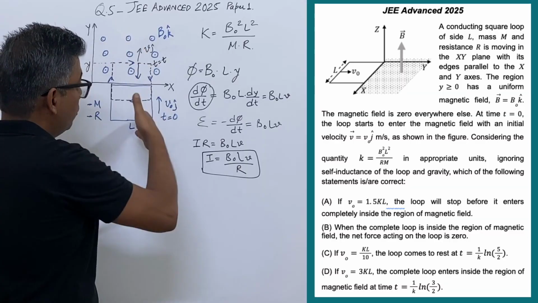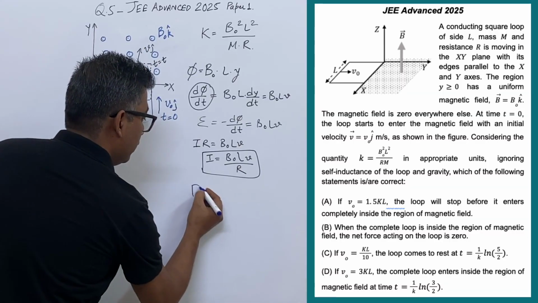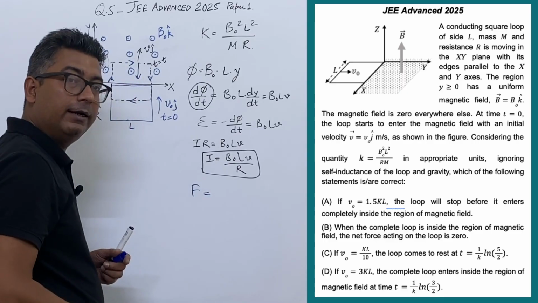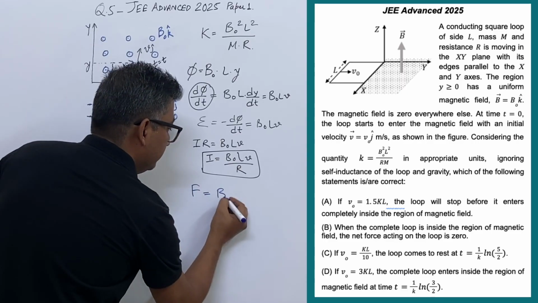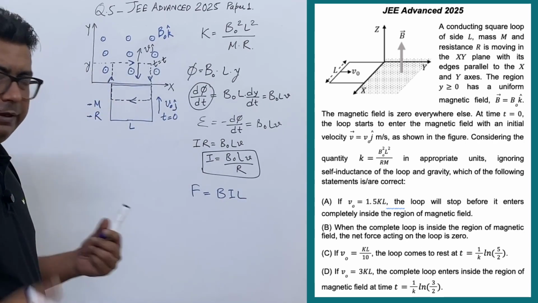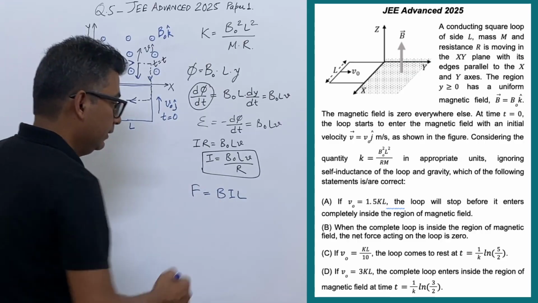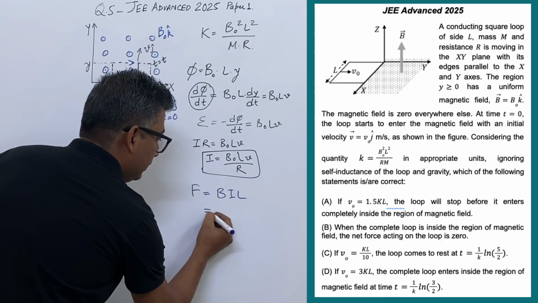So because this force is working, what is the formula of force? Force for a current carrying conductor in a magnetic field is B I L. Everything is at 90 degrees, so we don't have to worry. We can simply say B I L. Now we have I as well here.